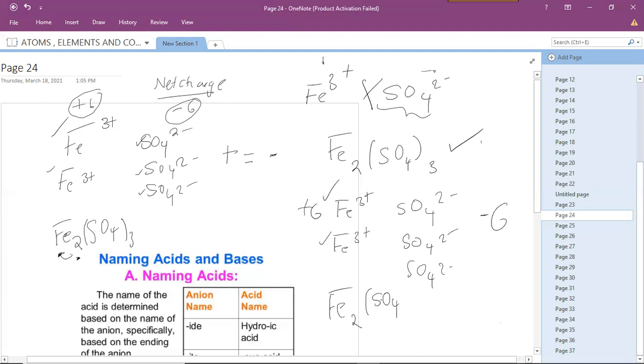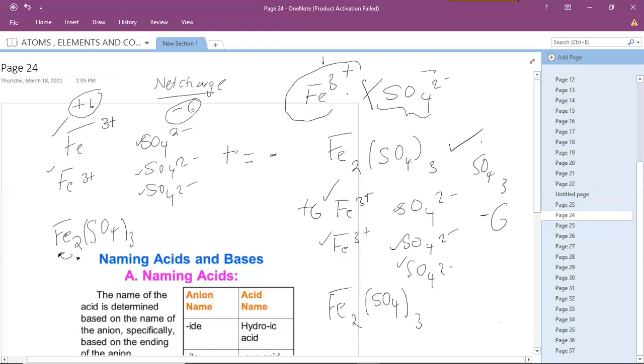They are sulfate, so I just can't write SO4 3. I have to put brackets to show that there are 3 of these, 1, 2, 3, so that the charge should balance.